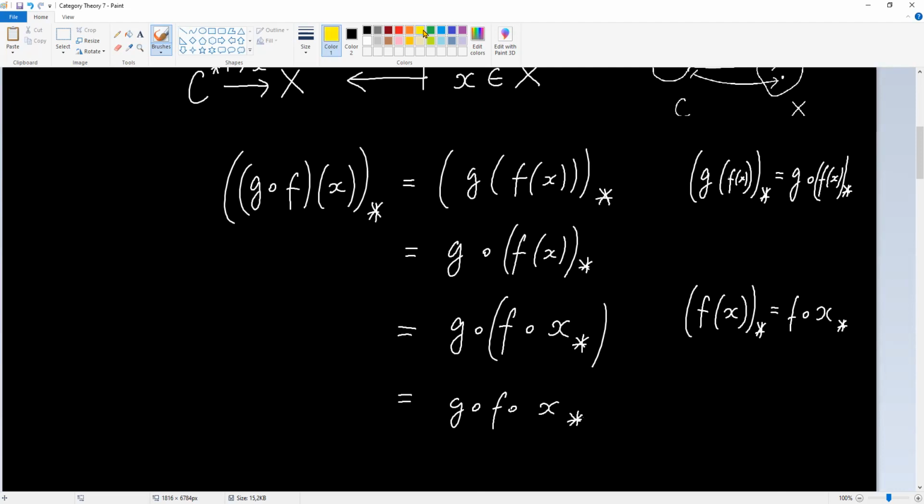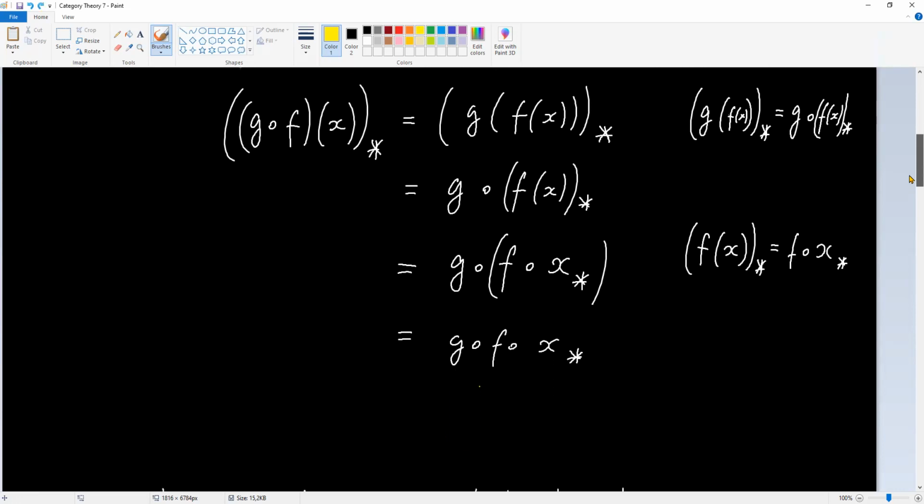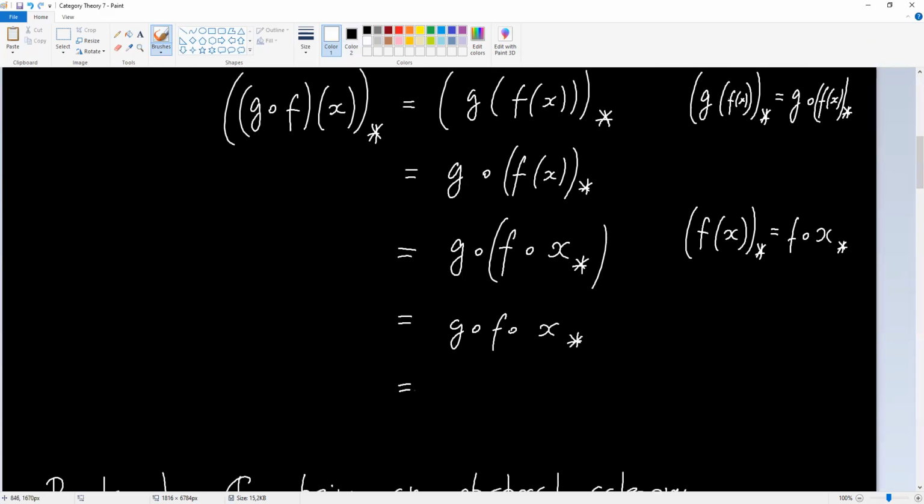So what this tells us is that composing g and f as functions is compatible with composing g and f as morphisms. In fact, maybe what I actually want to write is an even next step, where I group these like that, and then I say this is the same as g composed with f.